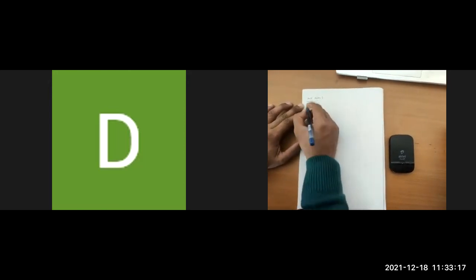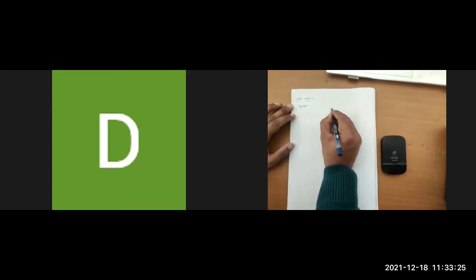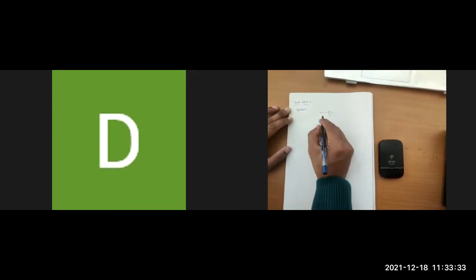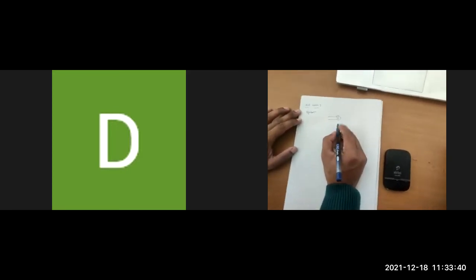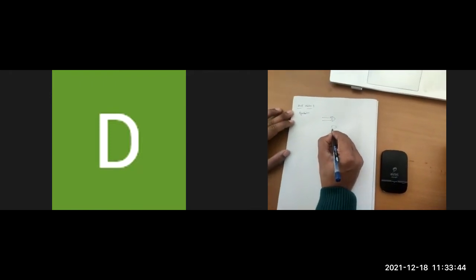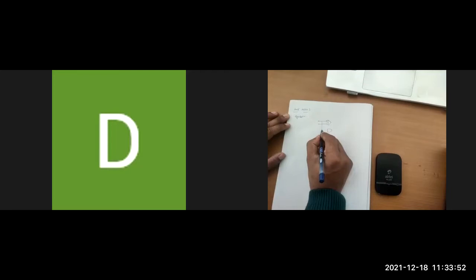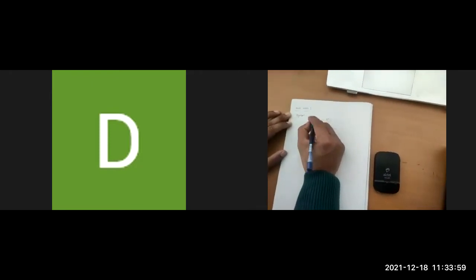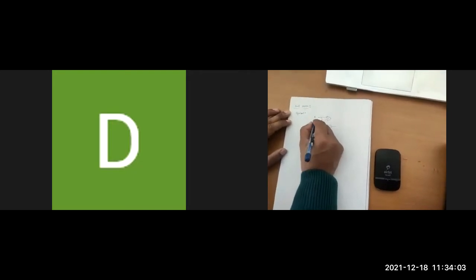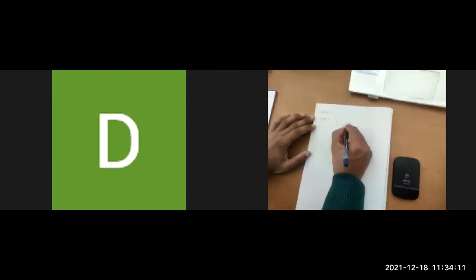Okay, the symbol. So if we consider the symbol like that, you can say this is A and this is B. So this is the input one, and this input one is connected with this, and this is the input two also.